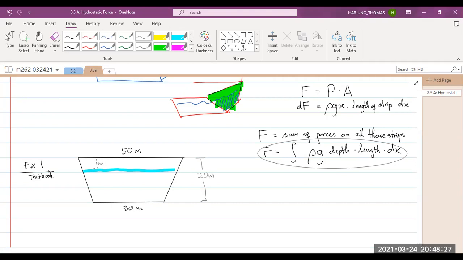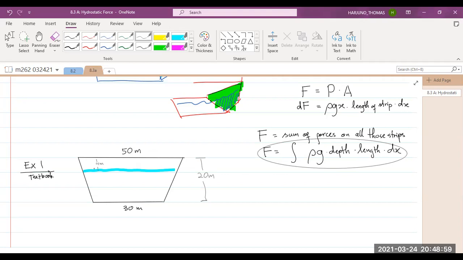Now, I will do this problem in 3 different ways. Instead of only one way, like the way our textbook explains it, I will do it in 3 different ways. The reason I do it in 3 different ways is to show you the flexibility you have, and therefore later on, the wisdom you need when you choose which way to approach the problem.